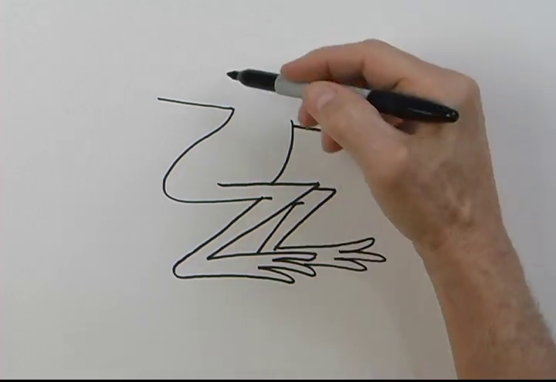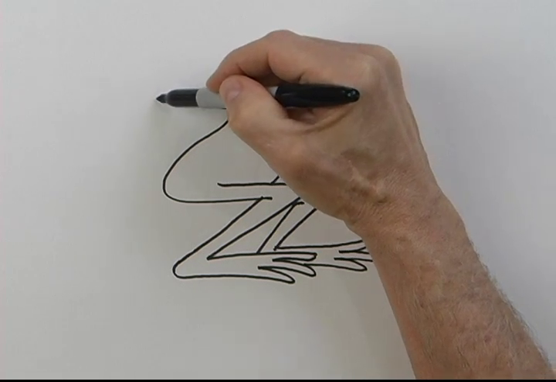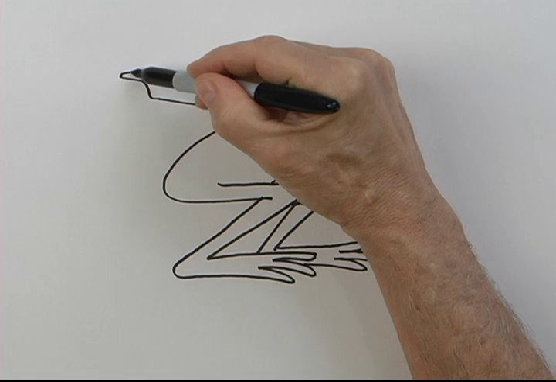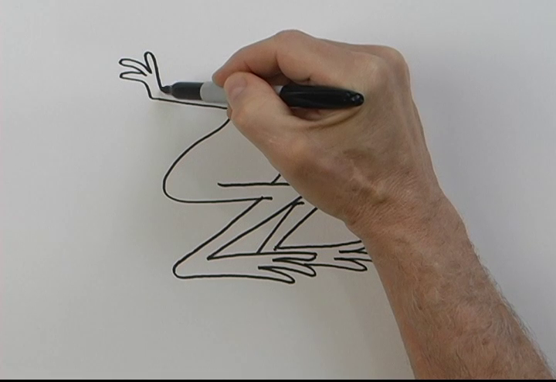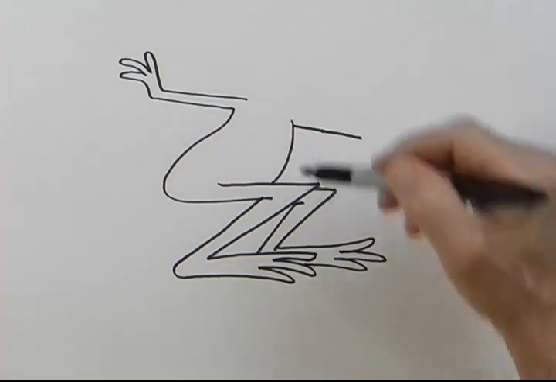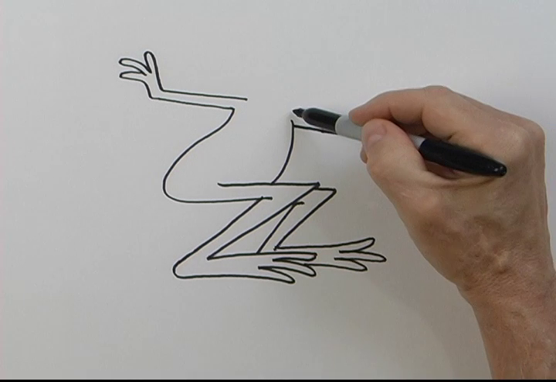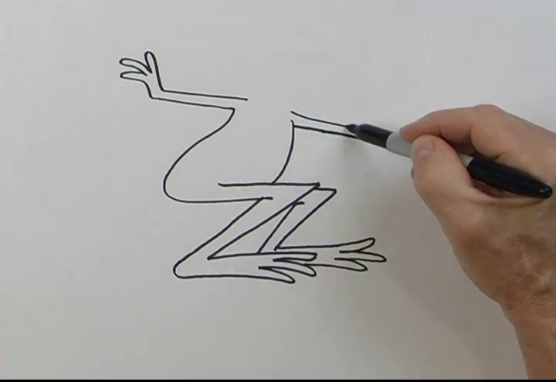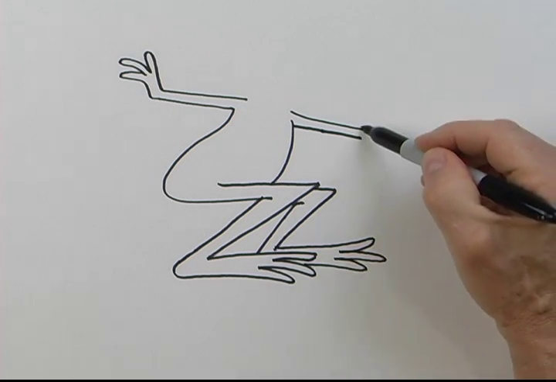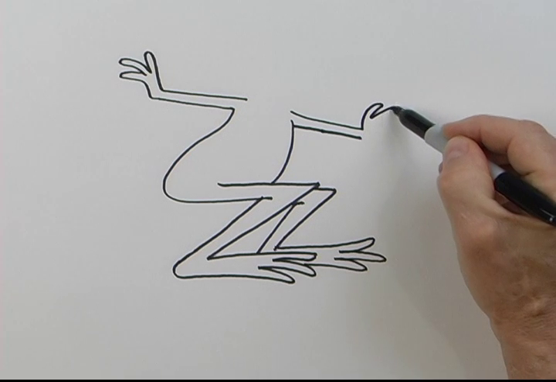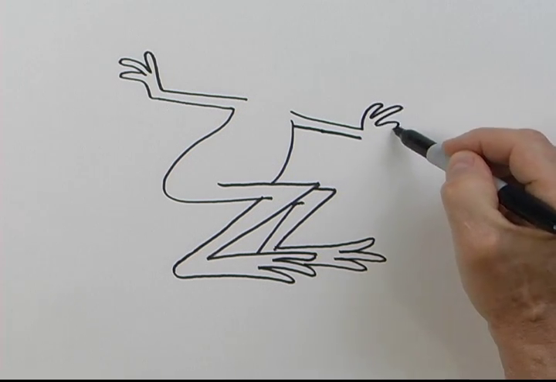His arms are extended outward. Now I'll indicate a hand and some fingers right there. And the top of his arm. Now the top of the other arm. Good. Bring this line over. Now I'm going to draw some fingers on the end. Just like that.